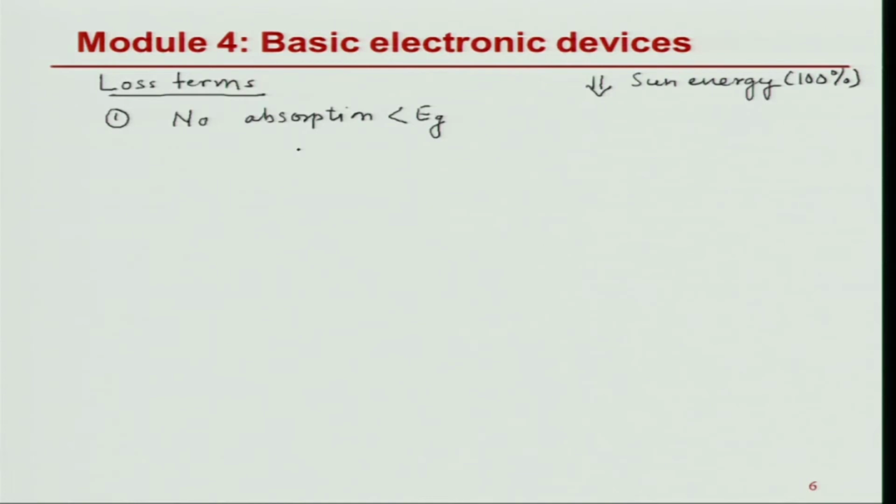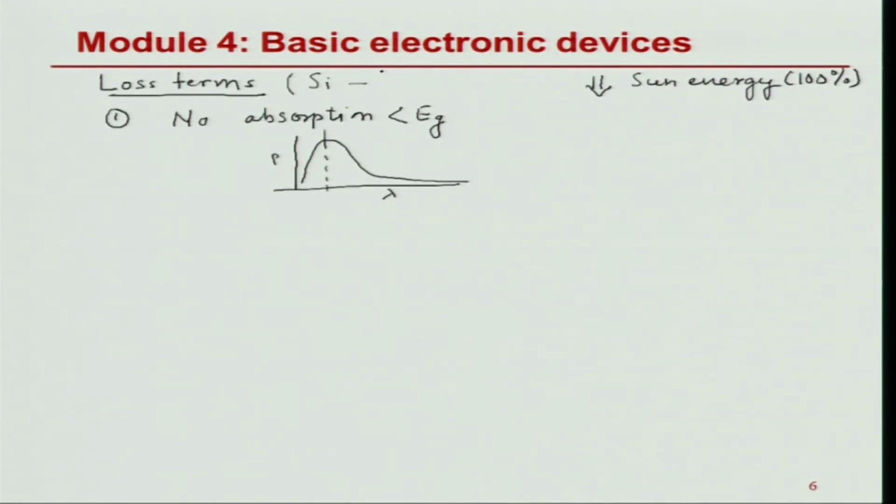What does that mean? It means that if I have the sun spectrum given in this manner, and the band gap of the semiconductor with which I have made the PN junction, let me take silicon as an example to give you some numbers.